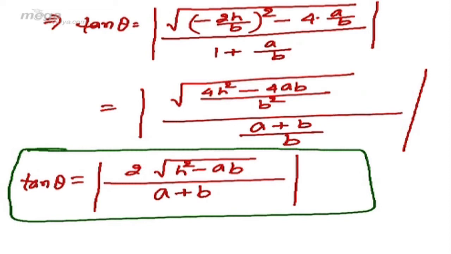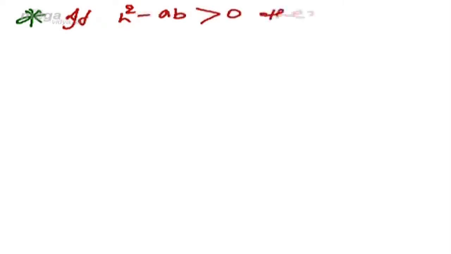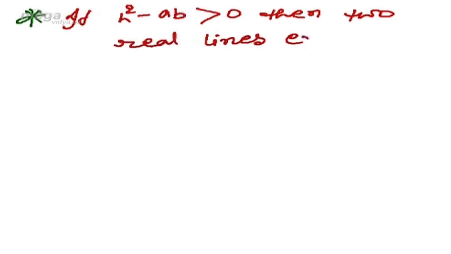Whatever the theta, it will be 30 degree, 60 degree or 1 degree or half degree, whatever the value of theta, but still you will get some real values of theta if h square minus ab is greater than 0. So if h square minus ab is greater than 0, then two real lines exist.